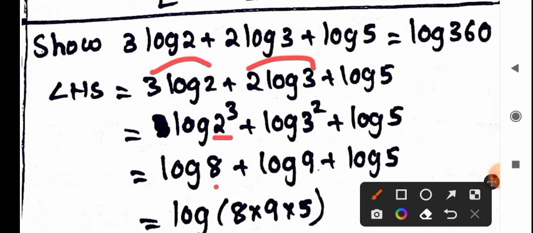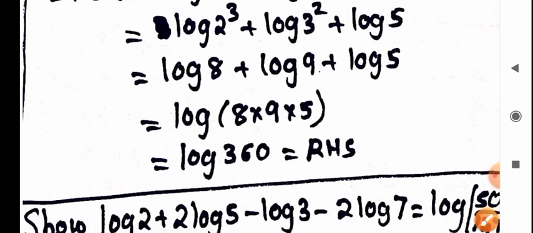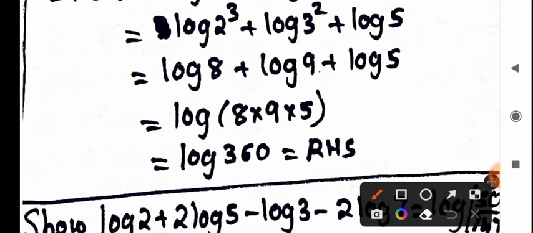So 2 cube is 8, 3 square is 9. Now using product rule of logarithm, it will become log 8 into 9 into 5. So our final answer is log 360, that is equal to RHS.